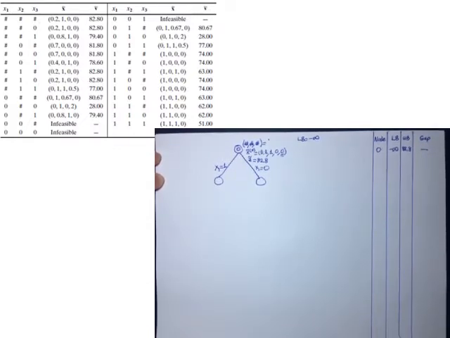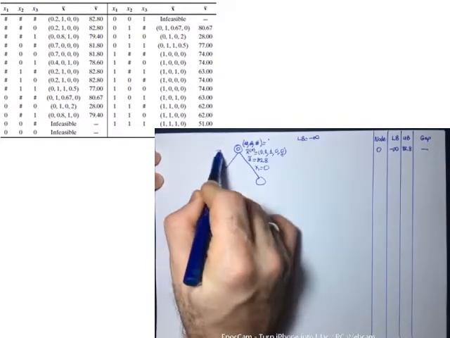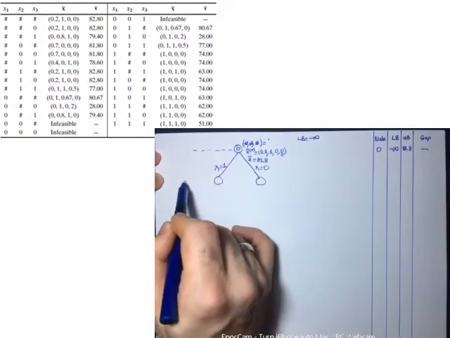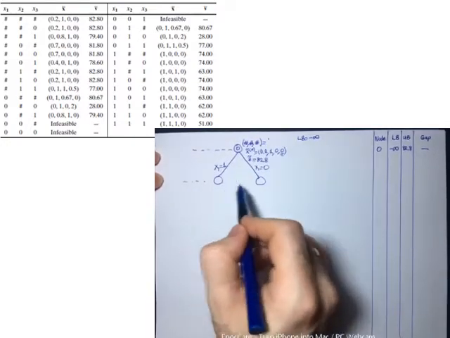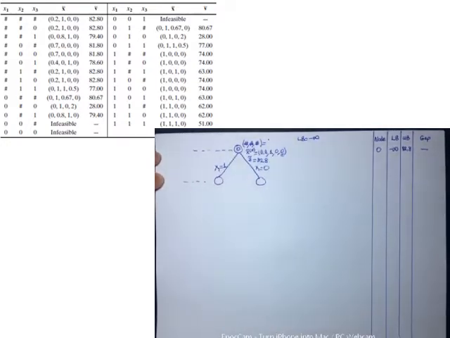Now we have two open nodes and we will continue with the branch and bound algorithm, and the algorithm says that select one of the open nodes. Now we need to look at our rules to decide which one to select. We will use depth first search, but they are already at the same level. This is level 0, and this is level 1, and both open nodes are in level 1.